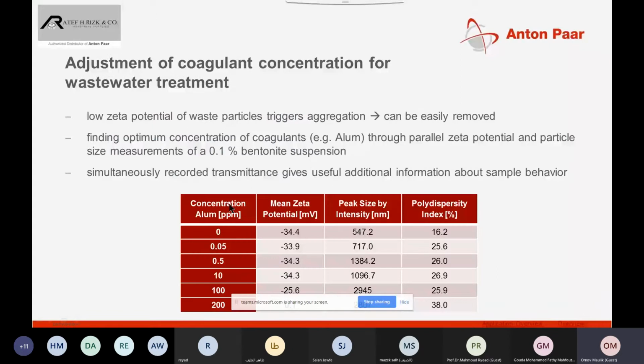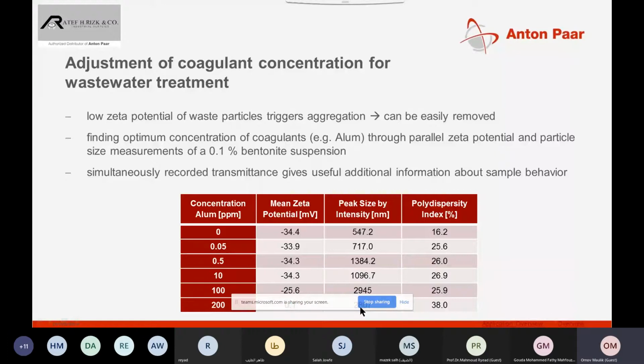And you can see that with different concentrations, the particle size is increasing and zeta potential is decreasing. At 200 ppm of alum concentration, the zeta potential is around 0.1 and the particle size is around 2 or 3 micrometers.